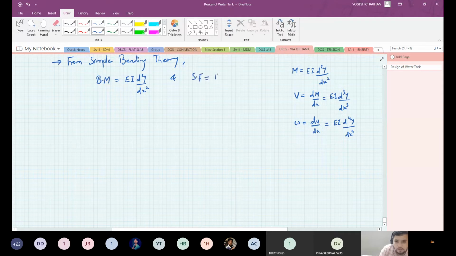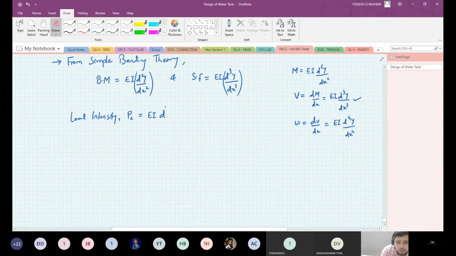Shear force is equal to EI d cube y by dx cube, and your load intensity, let it be PC, is equal to EI d raised to the power 4 y by dx raised to the power 4.